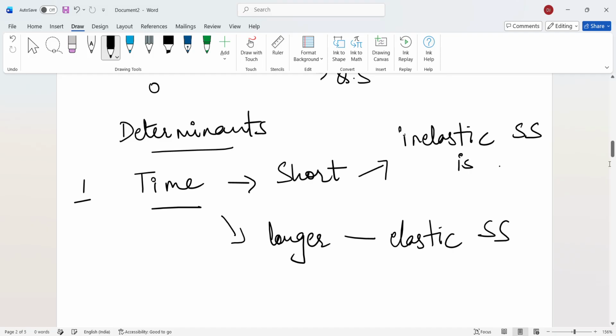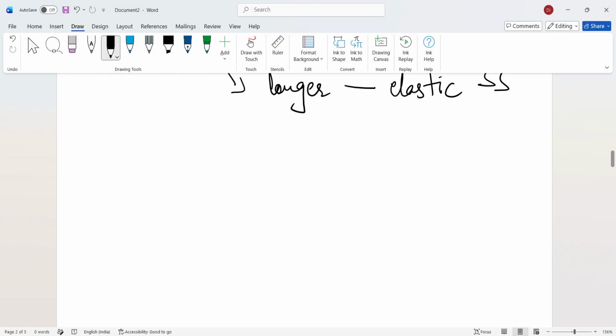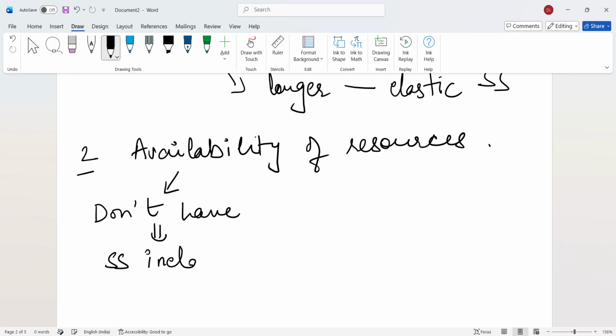All right. The second factor affecting the elasticity of supply is, again, the availability of resources. If you don't have a lot of available resources, that makes your supply inelastic, for the same reasoning: you really cannot change your supply.